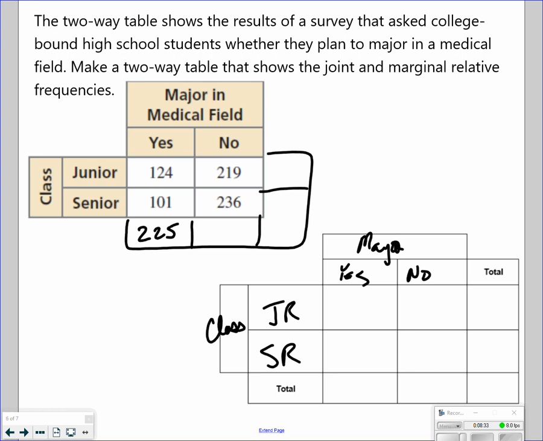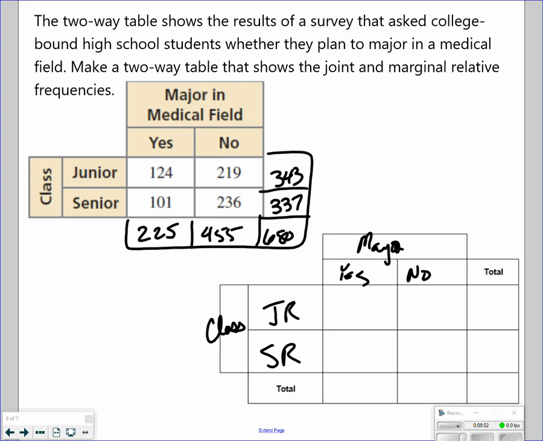And so now 219 plus 236, calculator error here, 455. And so now 124 plus 219, 343. This would be 337 for a grand total of 680.